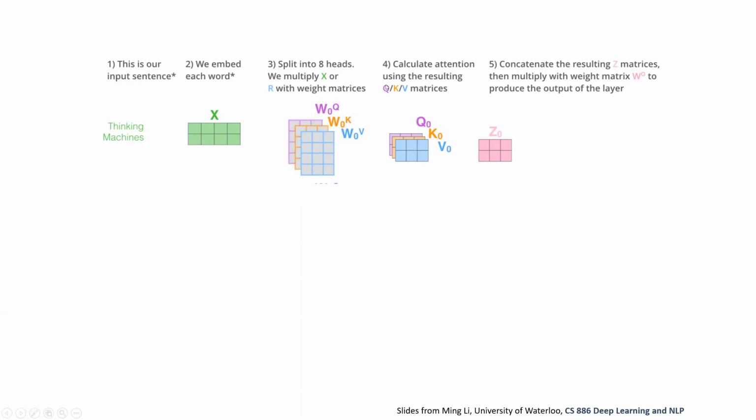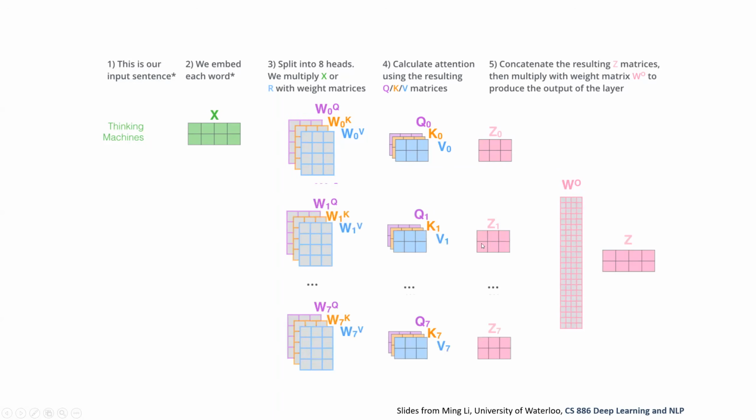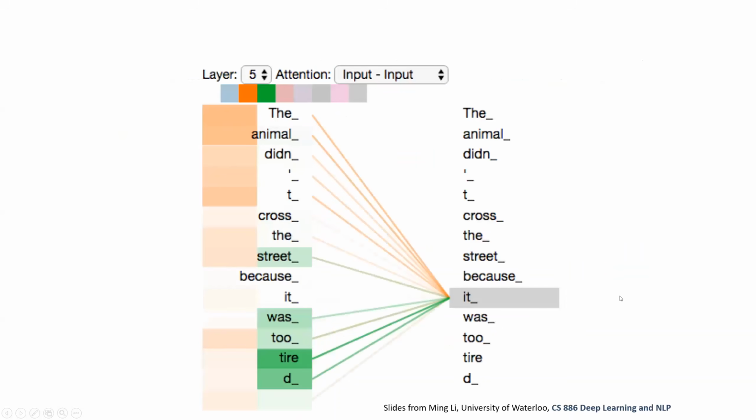We calculate these Q, K, and V matrices, and we get Z0, and like that we get Z1 up to Z7 for the other heads. Then we multiply with this W matrix and we get Z. So that's a summary. This shows you that we have these 8 heads here, and this is the sentence. These are tokens.